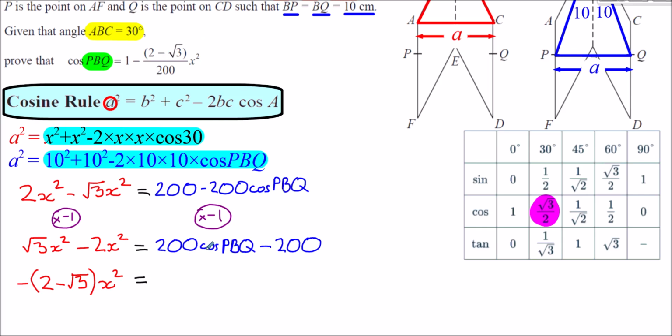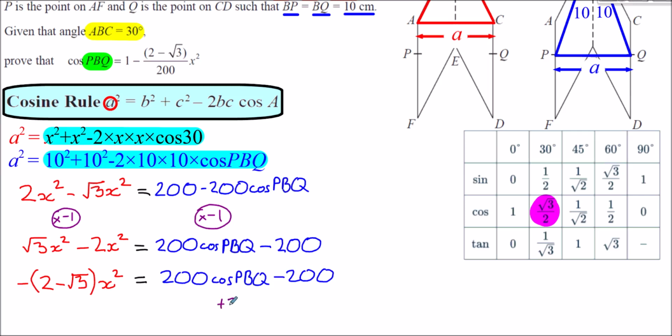what I can do is get this cos BPQ on its own, but the first thing I'm going to do is just rewrite it as it is. I'm just going to take it nice and slowly, step by step. 200 cos BPQ minus 200. To get this cos BPQ on its own, I'm going to add 200 to both sides.